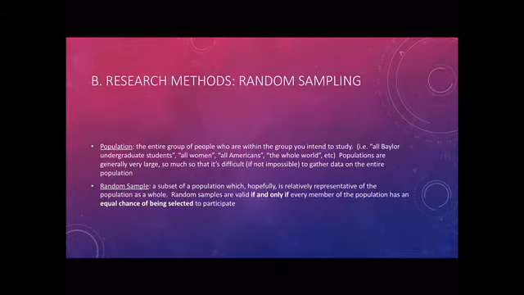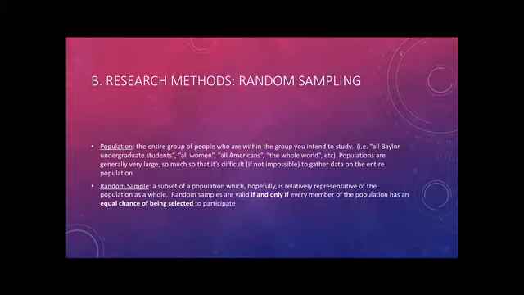When it comes to a random sample, what you really need to know and what you should write down next to this is that if a sample is truly random, that means that every single person in the entire population had an equal chance of being selected to participate in the study. It is only a random sample if every member of the population had an equal chance of being selected to participate.